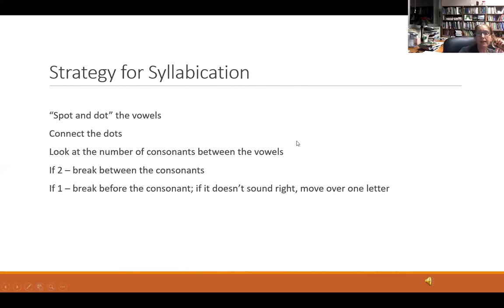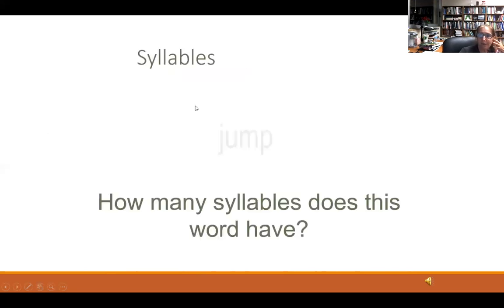So here are some strategies. One of the interesting ones is spot and dot the vowels. So look at this. How many syllables does this word have? Okay, and there it is. You spot the vowels.